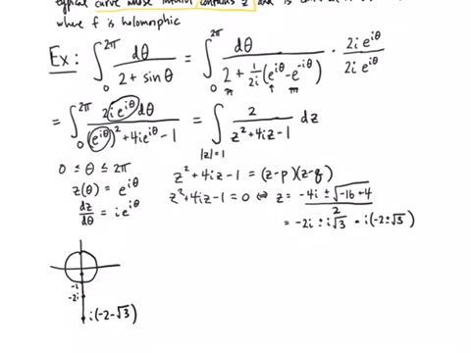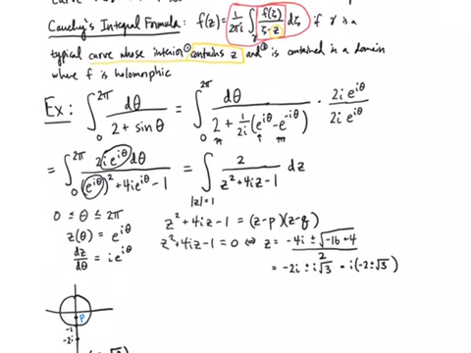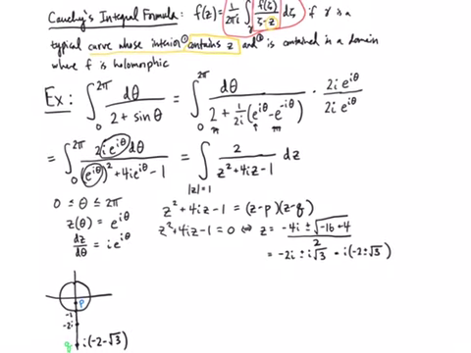So this can be our q down here, but our p will be squarely inside the unit circle. So that p is going to play the role of z in Cauchy's integral formula up there.